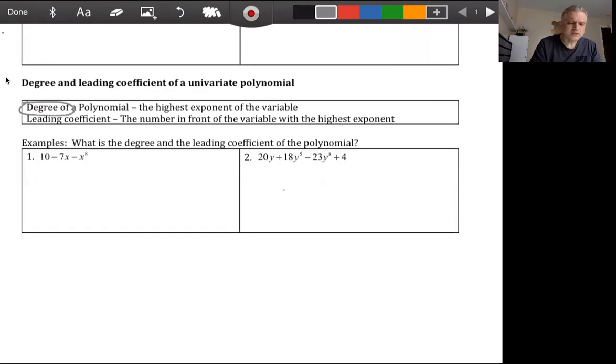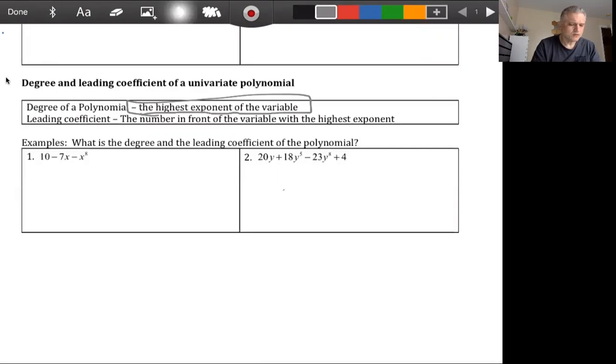Well, the degree is talking about the exponent. Like x to the 3rd is a 3rd degree term. X to the 5th would be a 5th degree term. Well, it says here the degree of the entire polynomial, okay, the entire algebraic sentence, is just the highest exponent of the variable. Right?